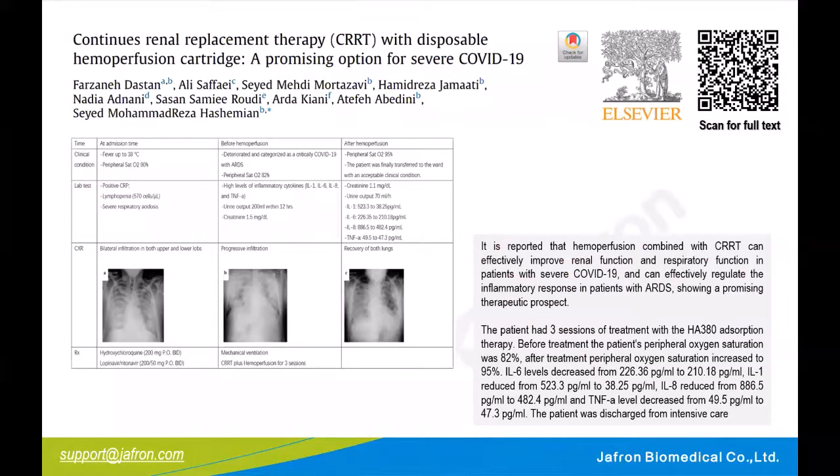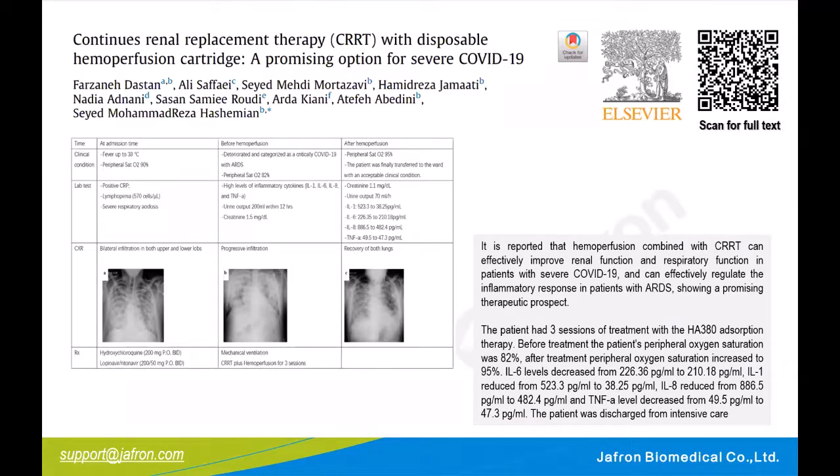So the last two publications are of the COVID-19, and this one I think most of you are quite familiar with. It was from Iran and published in an SCI journal, and it was using the HA380 so as to combine with the CRT to effectively improve the patient's renal function and also the respiratory function in the patient with severe COVID-19.